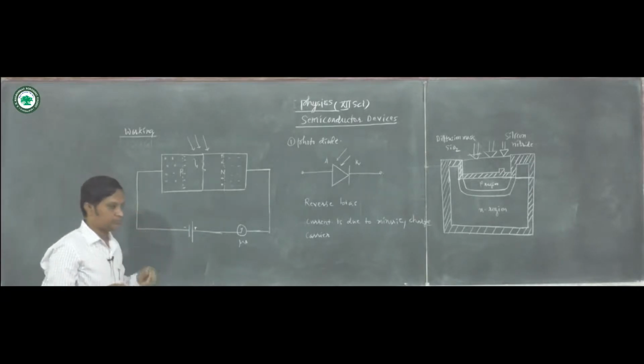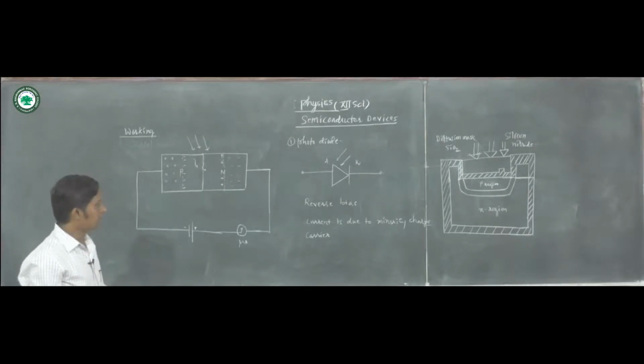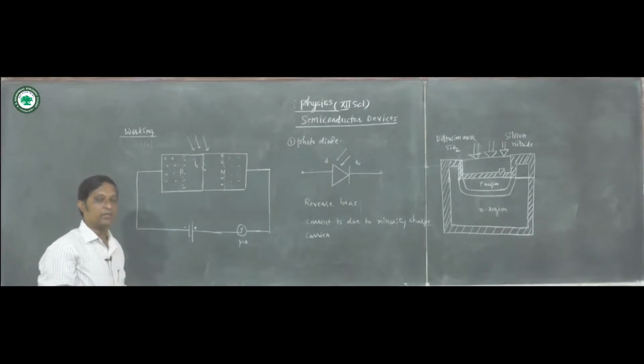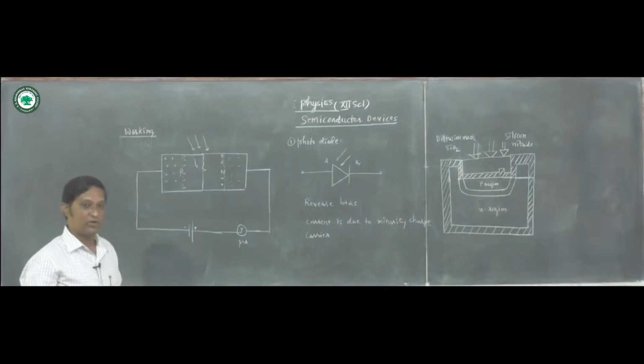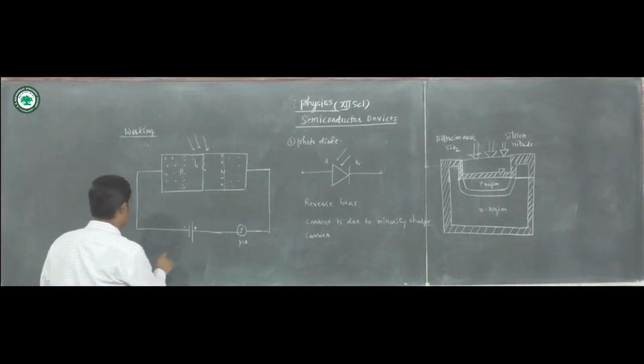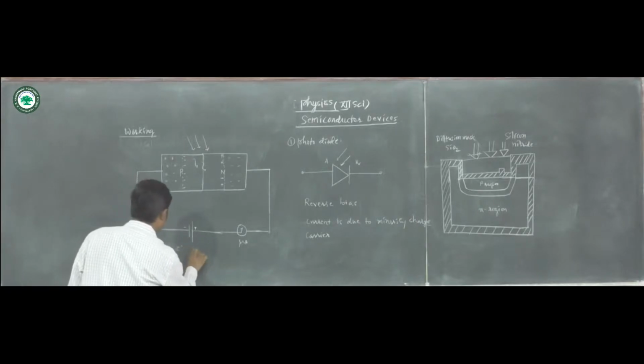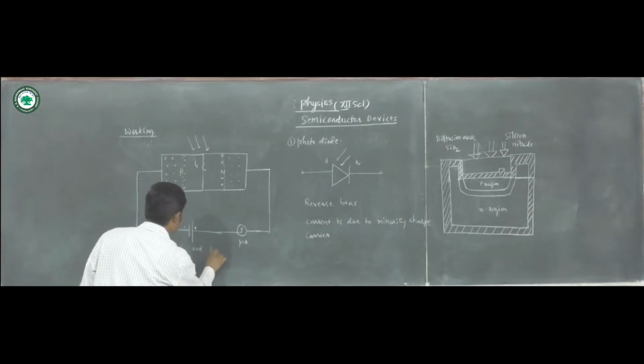When that light energy is more than the energy band gap of that semiconductor, then there is the formation of pairs of electron and hole. Electron and hole pairs are formed there.